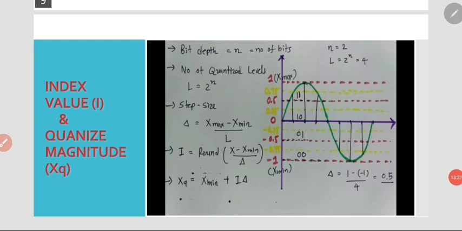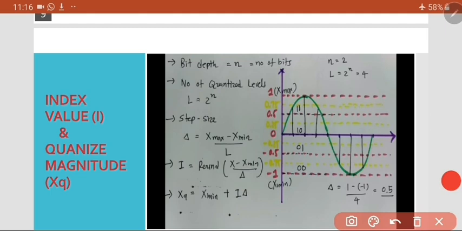After finding the index values for each and every sample, we proceed towards xq, our quantized magnitude. Now we have to find the quantized magnitude for each and every sample.